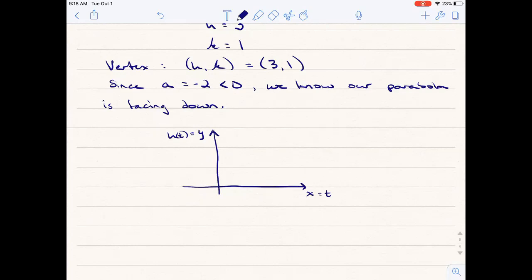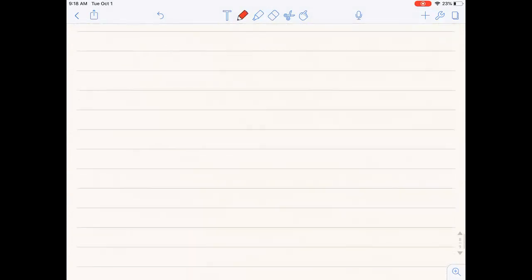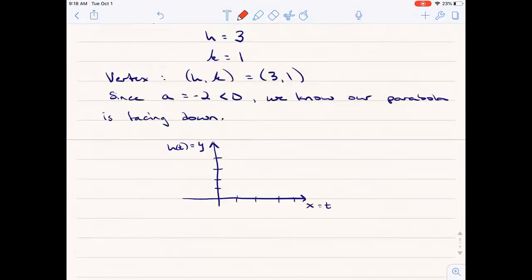Okay. So just as a quick sketch, 1, 2, 3, 4, let's say, 1, 2, 3, 4. I know I don't need more. We can sketch our vertex. Our vertex is at 3, 1, when x is 3 and y is 1. I'll clean this one up.